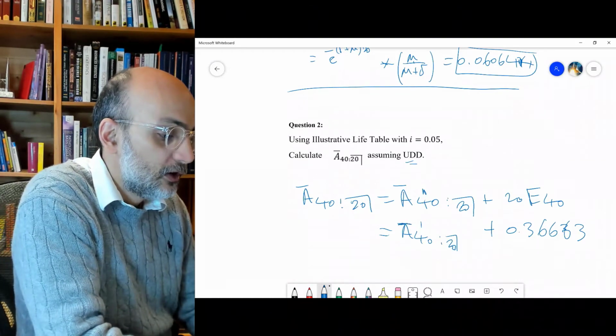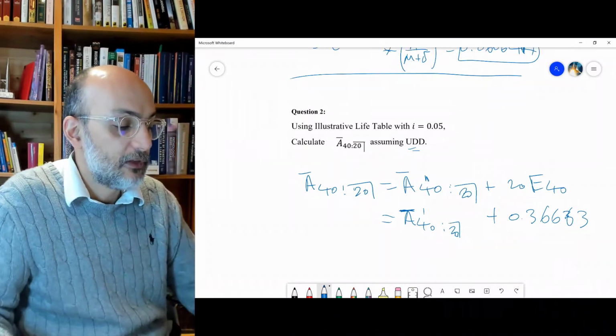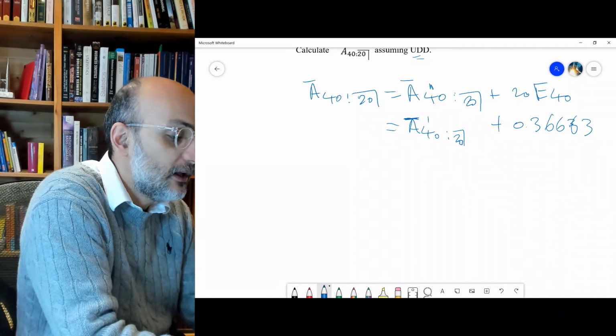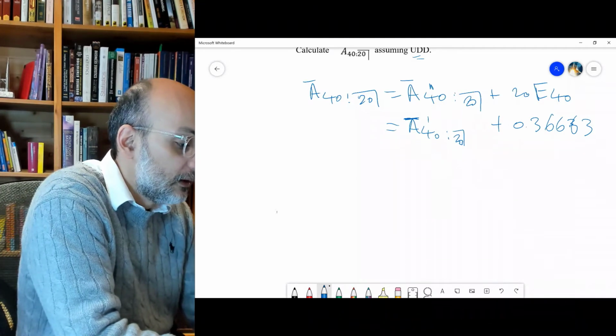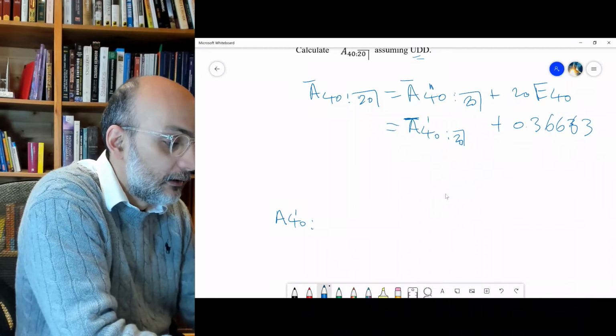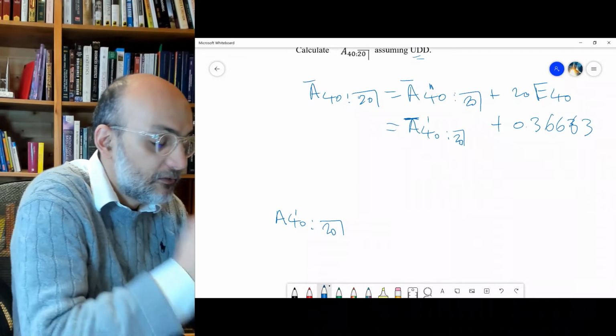But this one is continuous. The life table does not give us the continuous, but we can move from discrete to continuous. So let's calculate the discrete first. The discrete A40, without the bar, for 20 years, there are several ways.